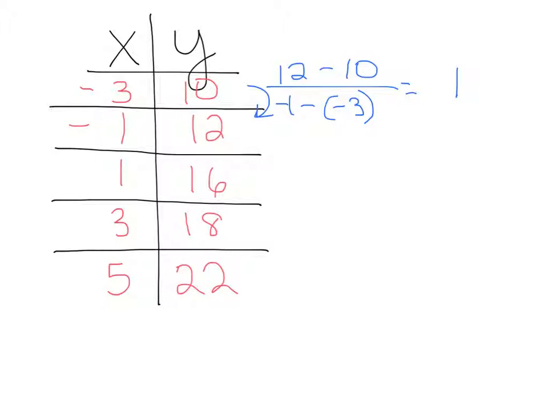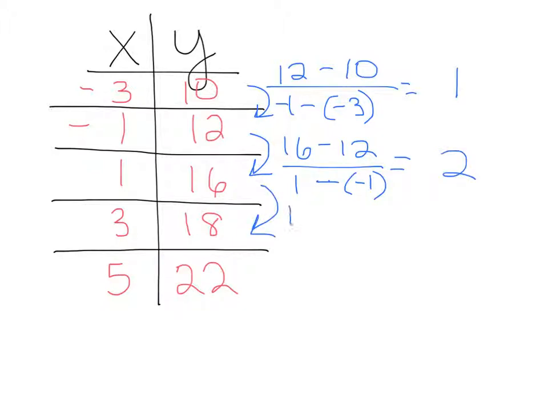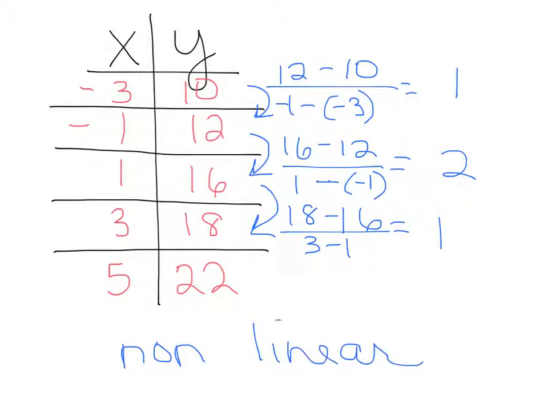The rate between 12 and 16 is 16 minus 12 over 1 minus -1, which is 2. The rate between 18 to 16 and 3 to 1 is 1. So right here you would be able to determine that this is non-linear, because the rate is not constant. It is changing along the way.